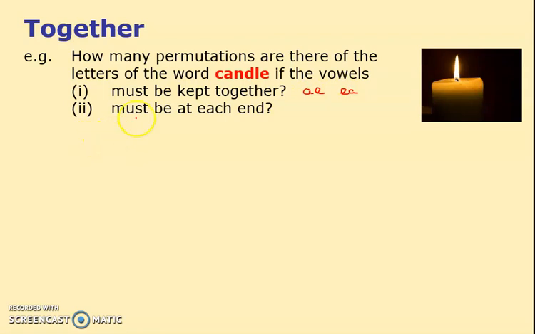If I treat AE as one letter, it's only 5 letters. I'll do 5 factorial, but I've got to times it by 2 because it could be either way around. No letters are repeated. It's just 5 factorial times 2, which is 240.